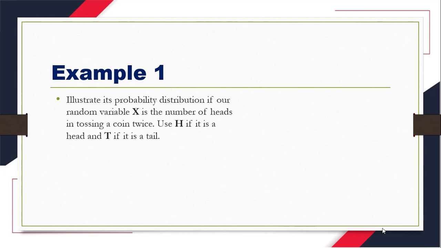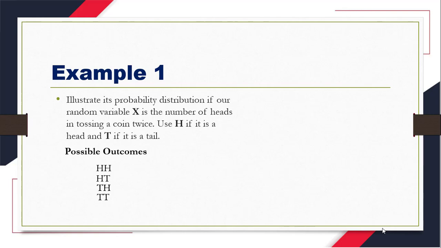Let us remember that this is the same example as in our previous video, and you are expected to have mastered how to get all the possible outcomes of an event and identify the values of the given random variable. The possible outcomes are HH, HT, TH, and TT.